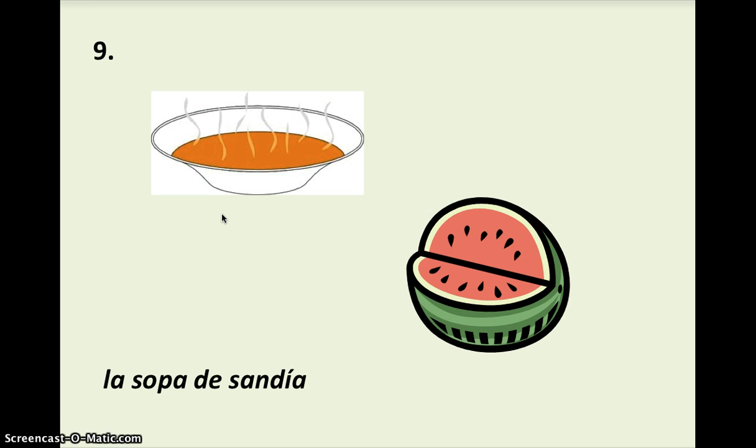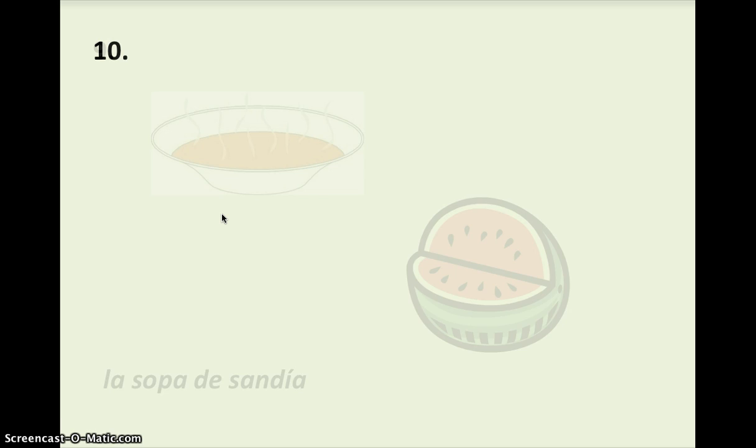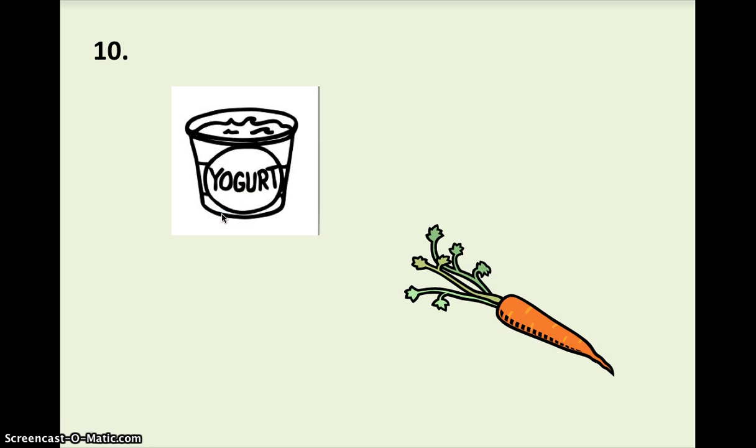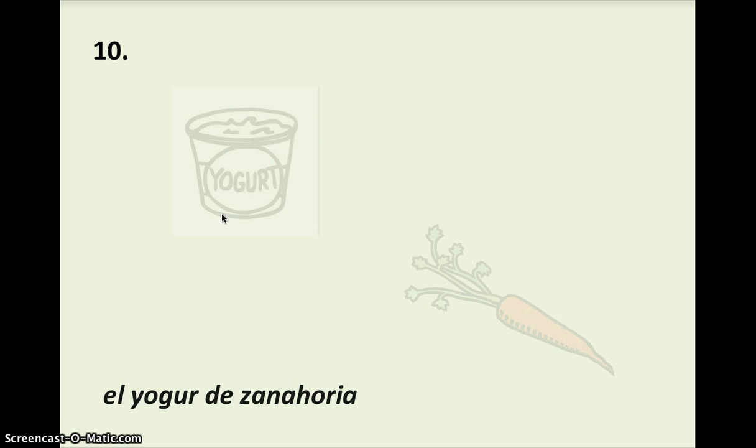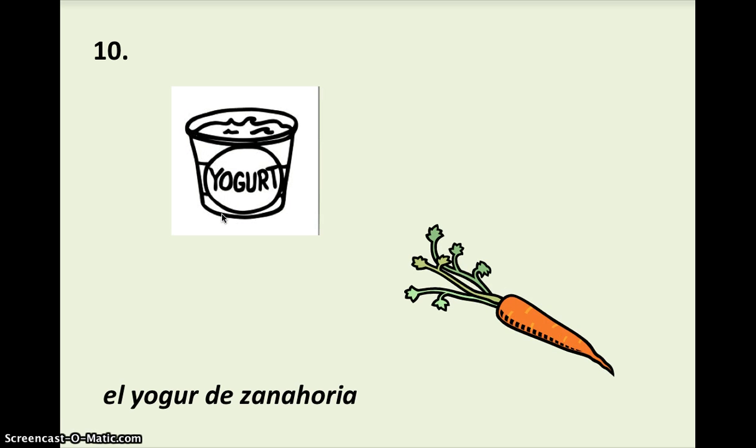If you put la sopa de sandía, nice job. And finally, for numero 10, we have yogurt and we have a carrot. So how would you say carrot yogurt? The correct answer is el yogur de zanahoria, or carrot yogurt.